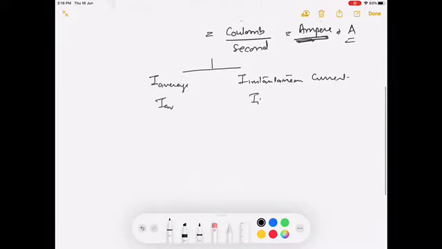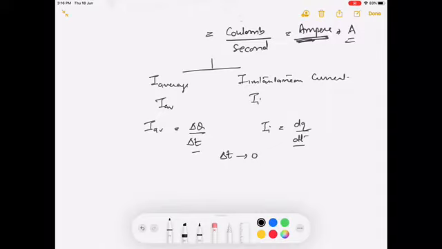Okay, what is average and what is instantaneous? The formula is slightly different, depending upon the time interval. I average is del Q upon del T, and I instantaneous, we can say, is dQ by dt.